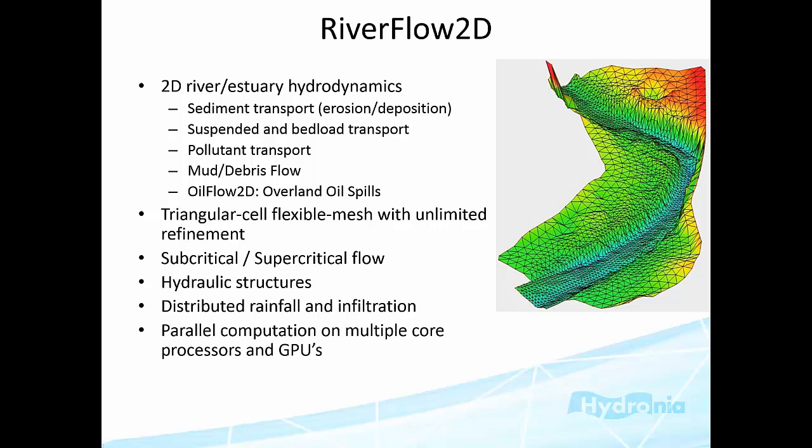And another very important feature is that the model takes advantage of parallel computation, both on multiple core processors and also on graphic processing units. The importance that this has for practical projects is that the model, using the GPU version, can run 100 times faster than models that do not take advantage of multiple cores or multiple processors.